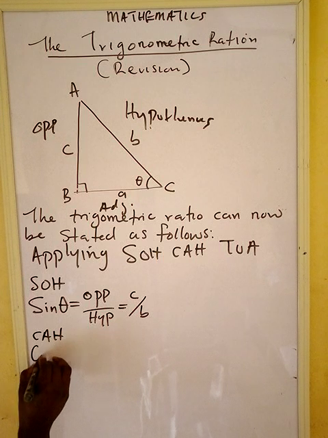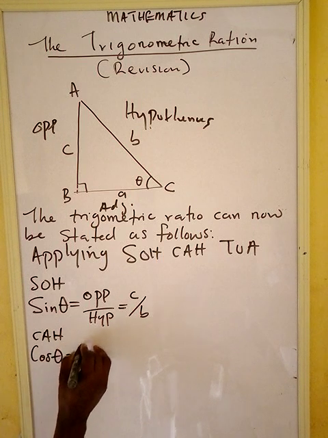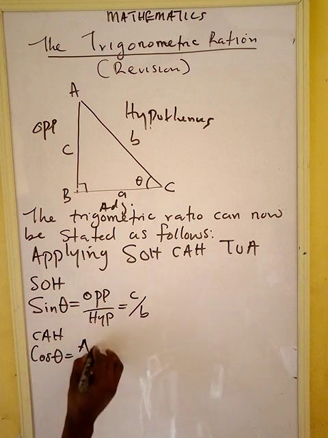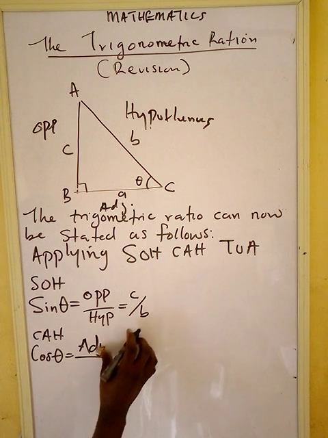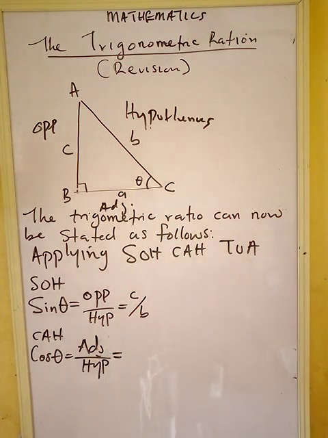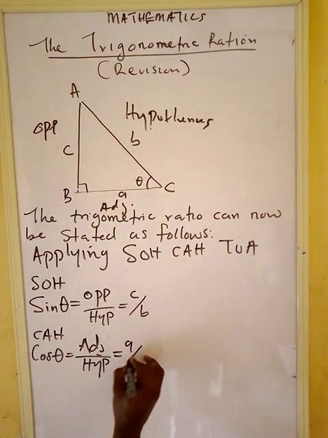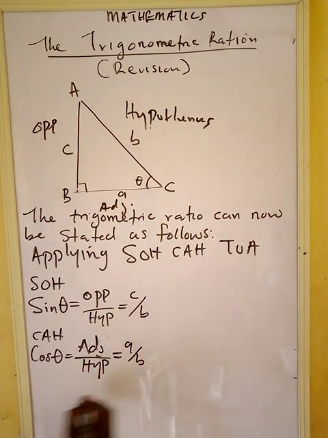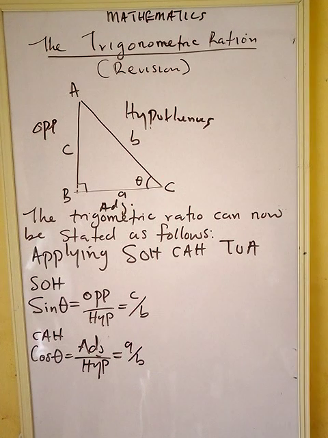CAH means cos theta equals adjacent over hypotenuse. This A means adjacent. What's our adjacent? Our adjacent is A. Hypotenuse is B. And the third one is TOA.